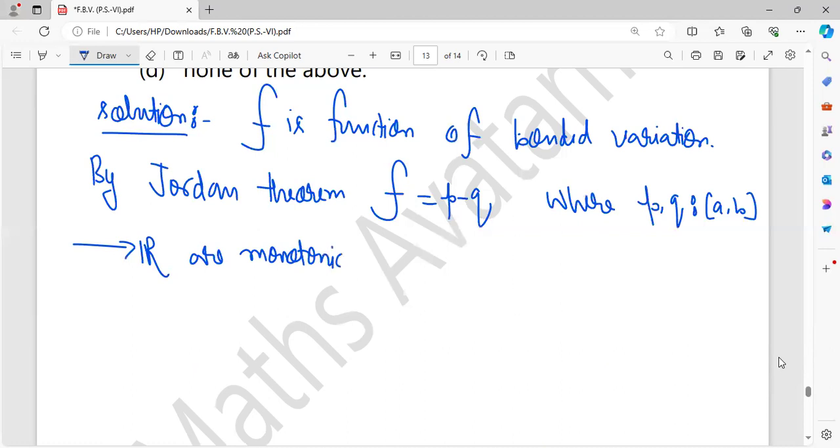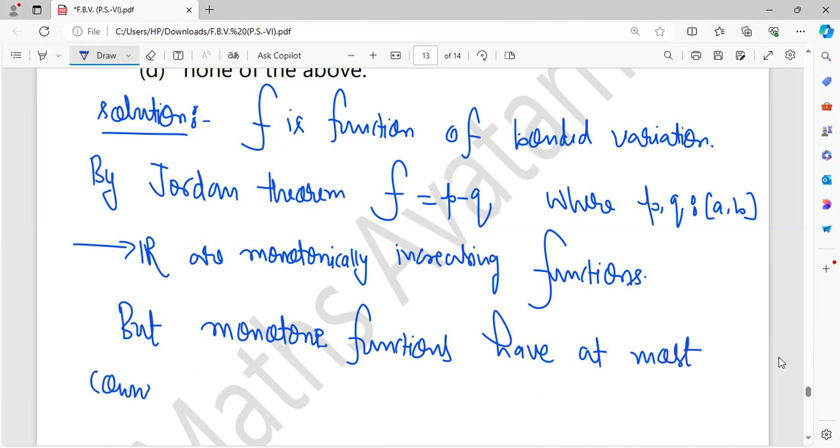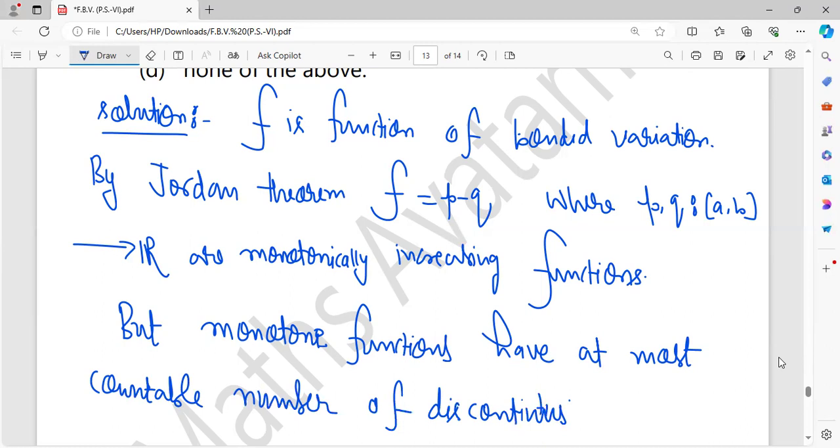But we know that monotone functions have at most countable number of discontinuities.